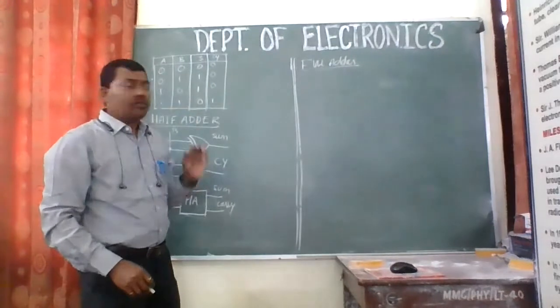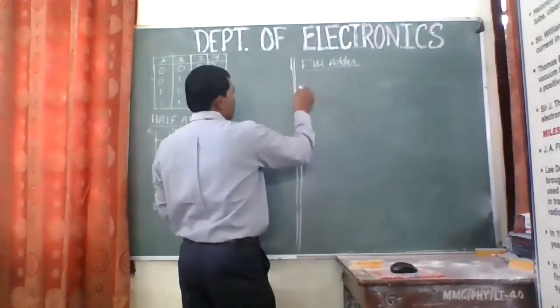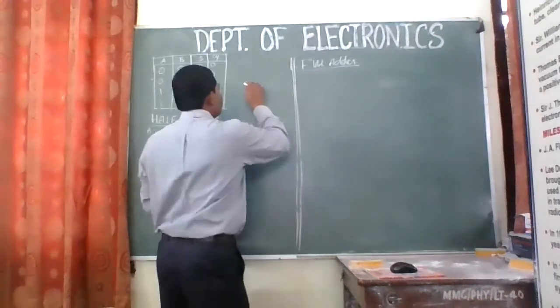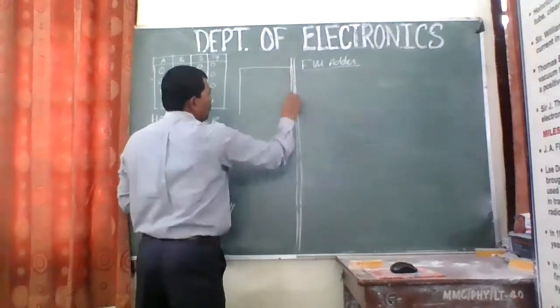Now for that three input circuit, we have a truth table, which I guess I can put over here. Okay, I will put it over here if it is visible to you.